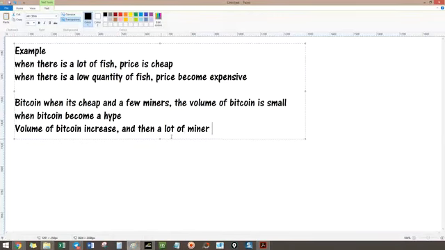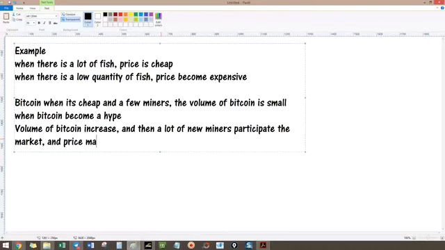Okay, new miners, new collectors, new buyers, then a lot of new miners participate in the market, and price marks up, or increases.